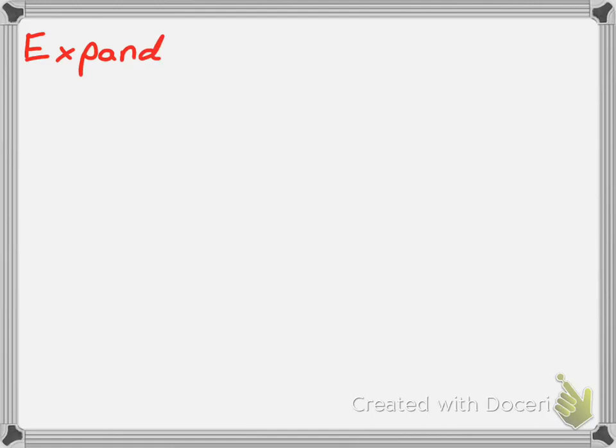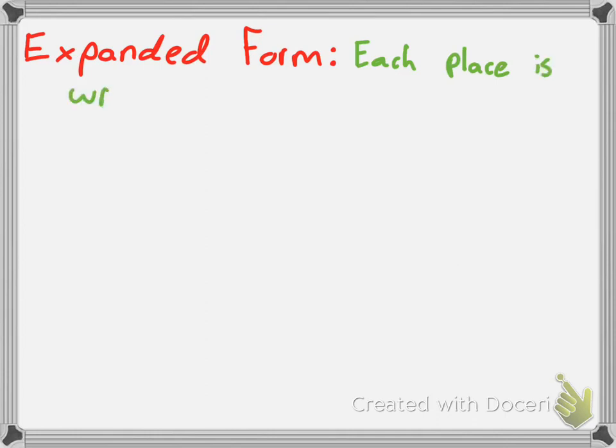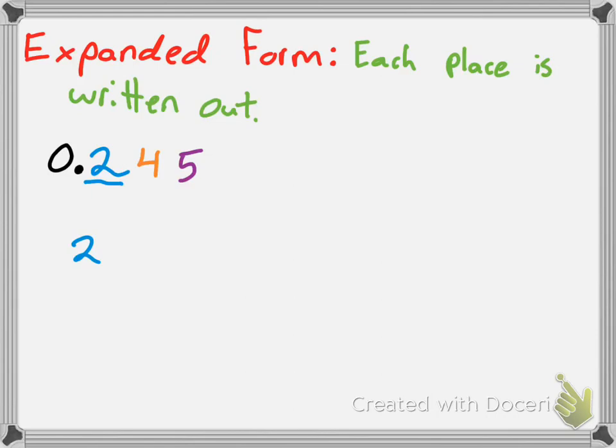Next we have expanded form. An expanded form is where each place is written out. So if we're going to use that same decimal from the first one, 0 and 245 thousandths, the way I write that in expanded form is I take the first place, which is the tenths place, and I'm going to write the digit 2, and I'm going to multiply 2 times the place.